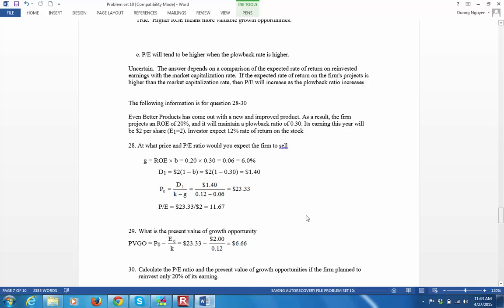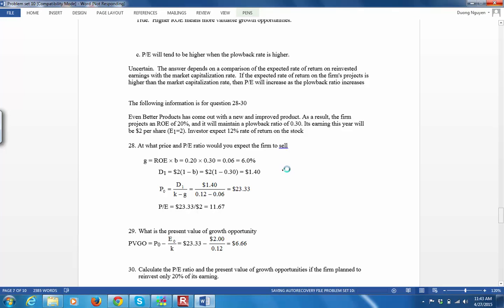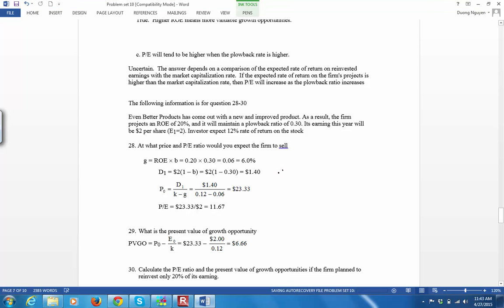Alright, number 28 to number 30, very similar to what we did before. Again, what is the price?